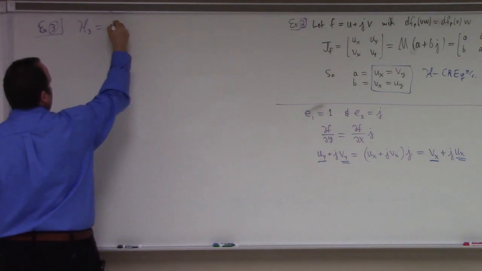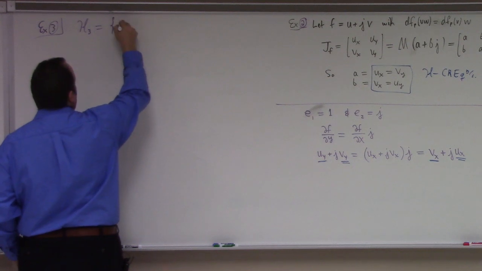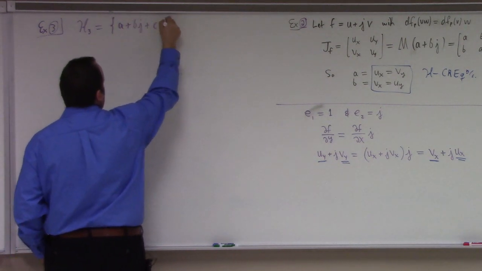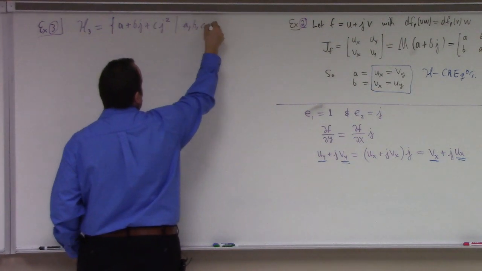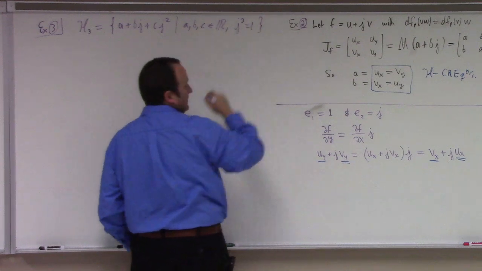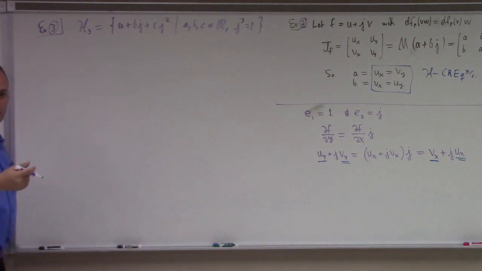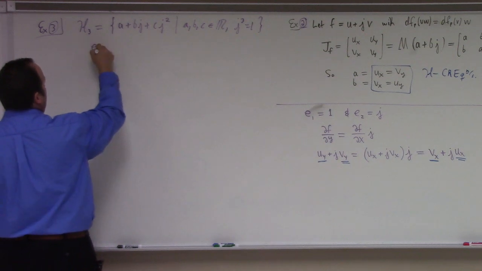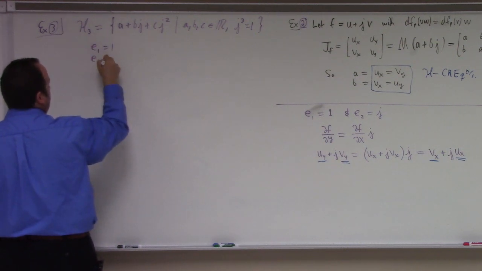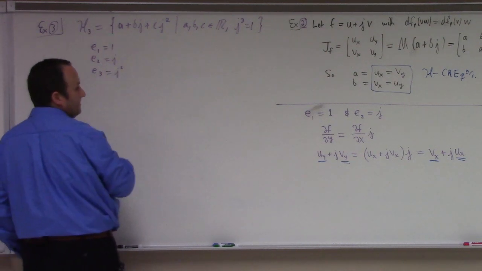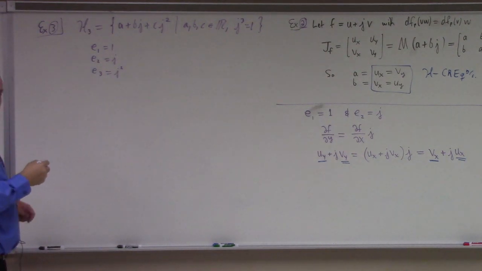H3. We're talking about things of the form A plus BJ plus CJ squared, such that A, B, C are real numbers, and J cubed is 1. The three hyperbolic numbers. In this case, E1 is 1, E2 is J, and E3 is J squared. So theorem 2 applies.